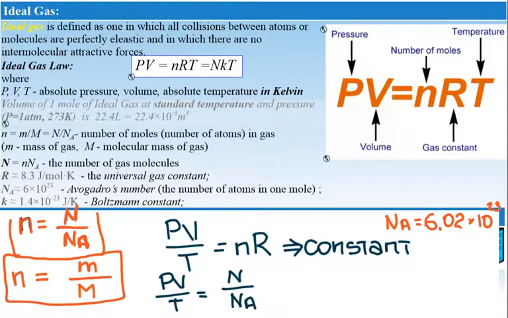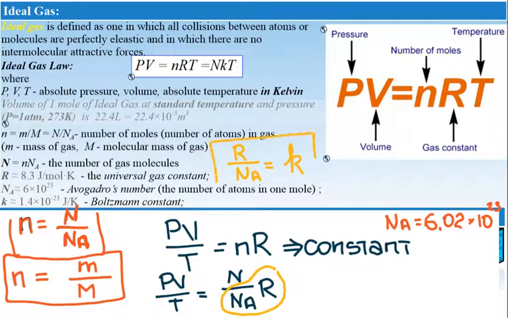So the number of molecules per gas, per how many molecules in one mole, and then you would have times R. But R over NA, so another important thing to remember, that R divided by NA is actually the Boltzmann constant.